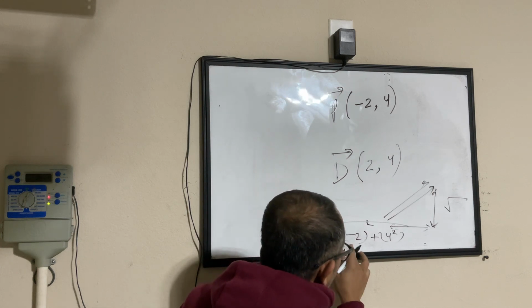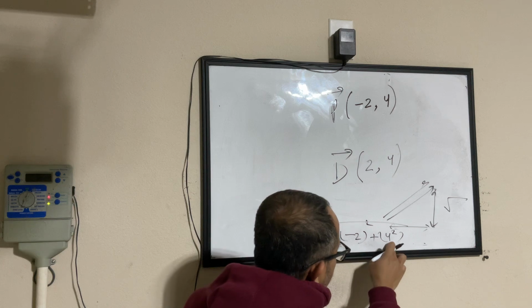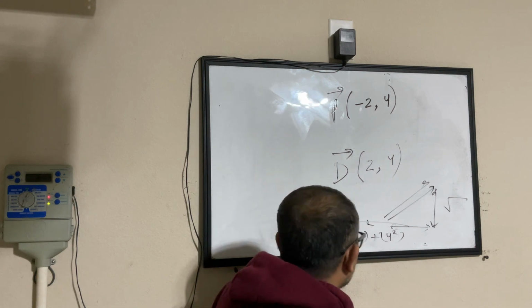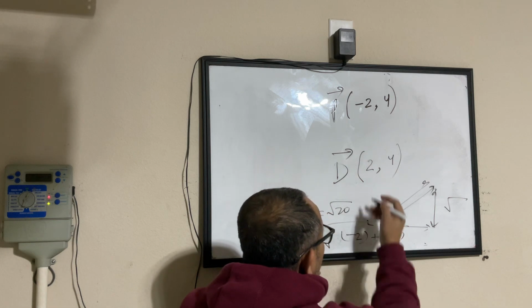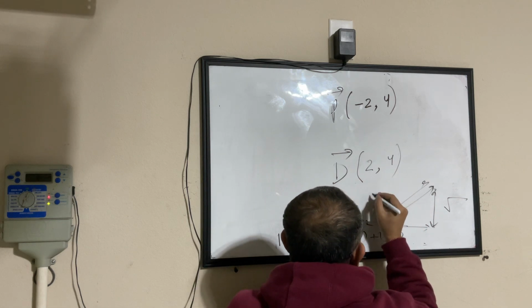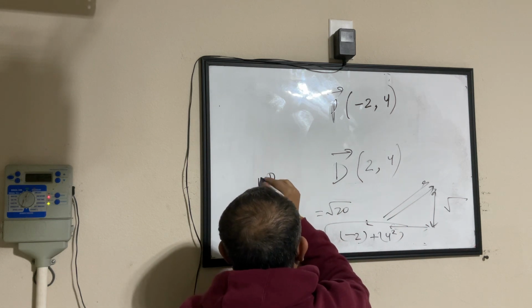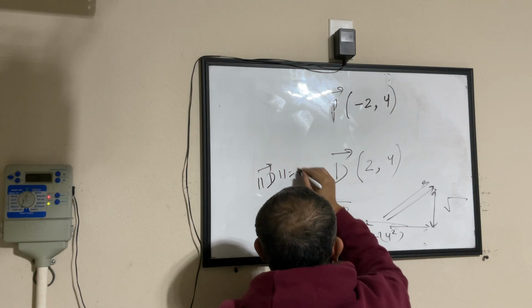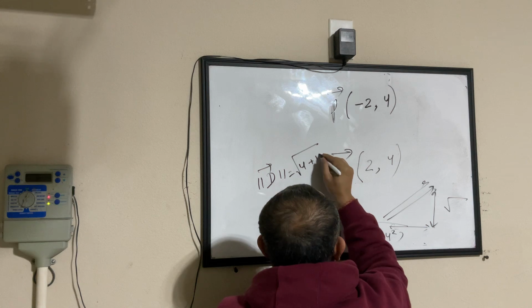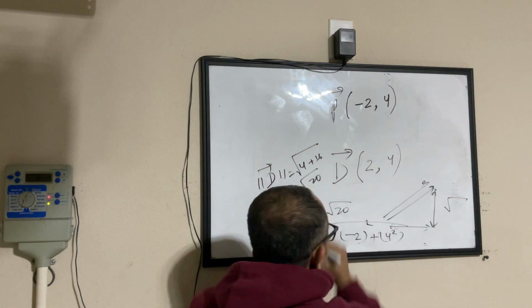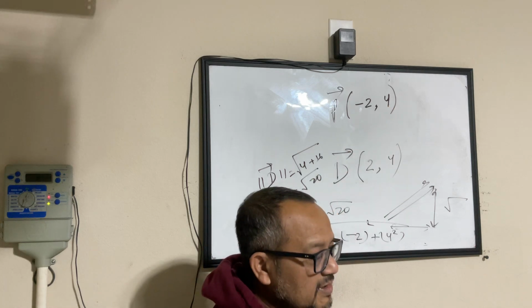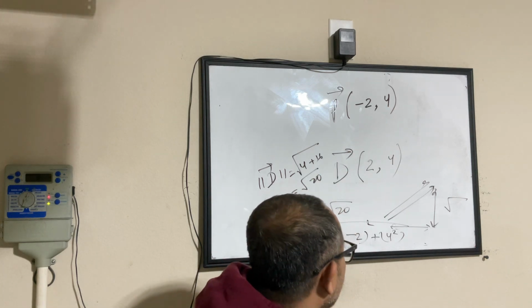This will be nothing but the square root of 4 plus 16, so the square root of 20 is my magnitude. Same thing for vector Dave: I got my magnitude as the square root of 2 squared plus 4 squared, same value, 4 plus 16, the square root of 20. I got the same magnitude because the numerical values were matching.